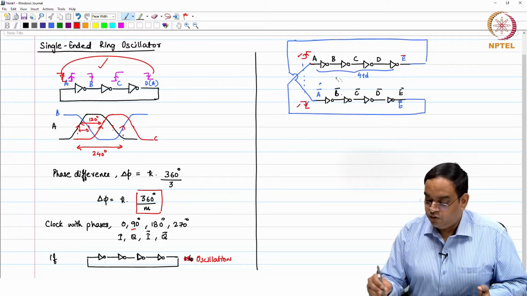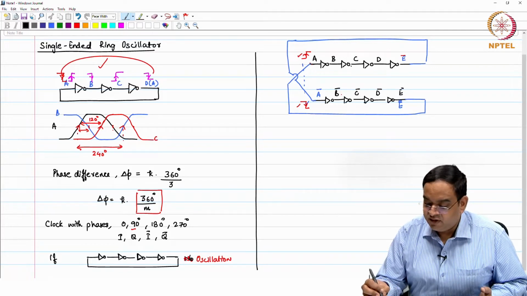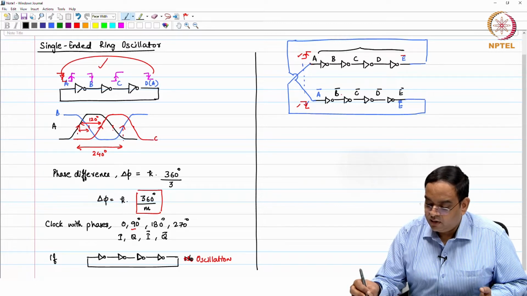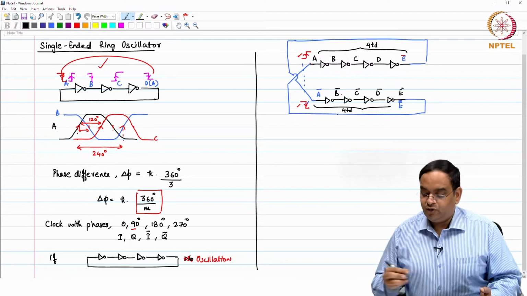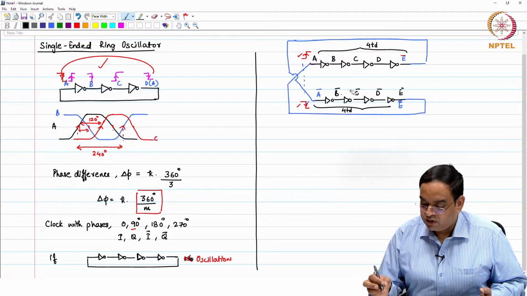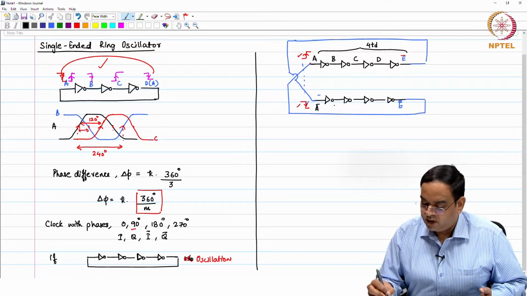So, it will become similar to what you have here. So, let us do this. The delay of each inverter is TD. The total delay of these 4 inverters is 4 times TD, as you see, and what I need to do is I need to enforce a relationship between A bar, B bar, C bar, D bar.